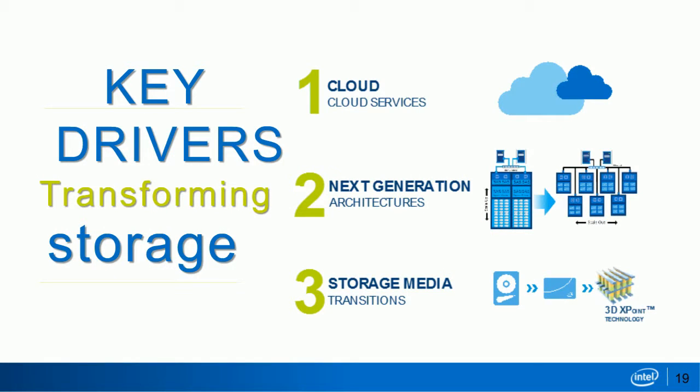So if you look at the way we see storage technology transforming, we see 3 key aspects. One is cloud. There's a lot of transformation in the storage technology where people are moving towards public cloud, private cloud, and then hybrid cloud, depending on what usage you need. The next transformation that we're looking at is the different architectures of how storage as a whole is implemented.